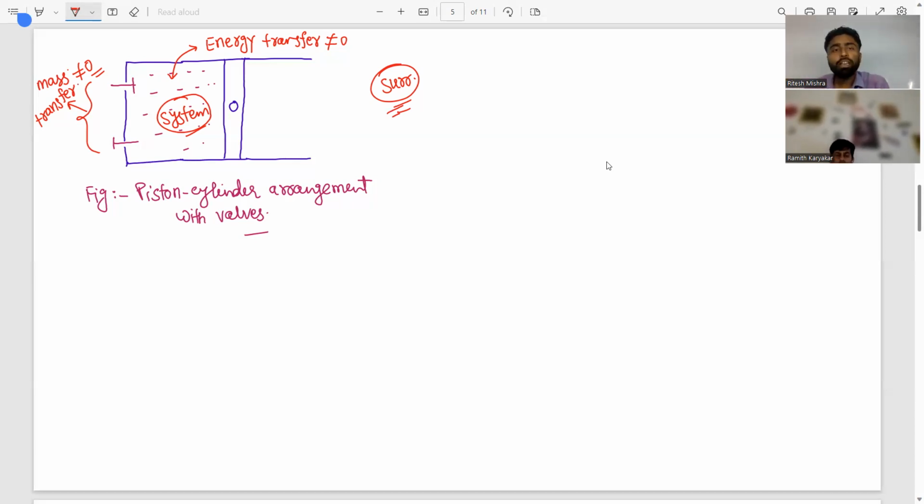Now tell me, my dear, you can see that mass transfer and energy transfer both occur between the system and surrounding. Then this type of system is called an open system.